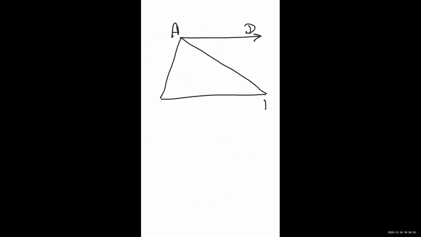If there is a question like this one, in the opposite figure, let me draw this figure first. It's like this. This one is A, and this one is D, and this point is B, and this is C. Actually, this angle is 70, and this one is 30, and this one is parallel to this one.